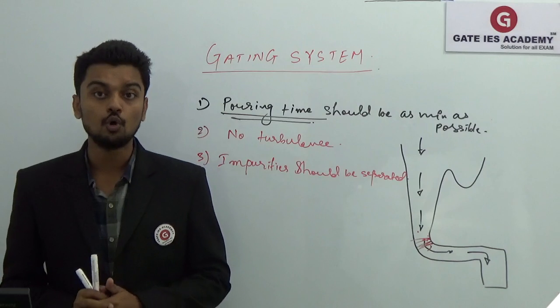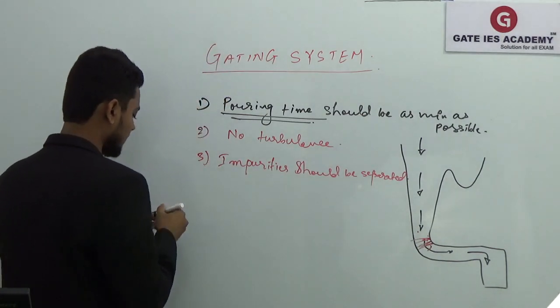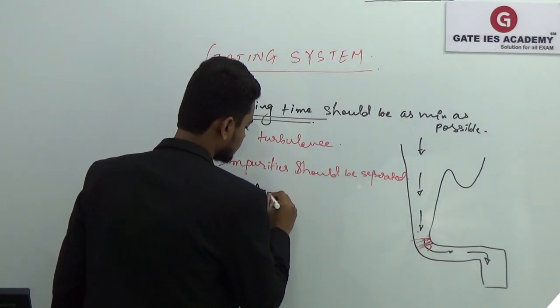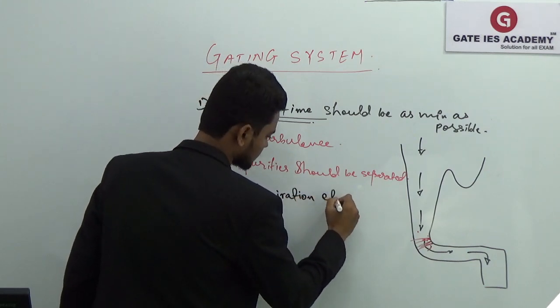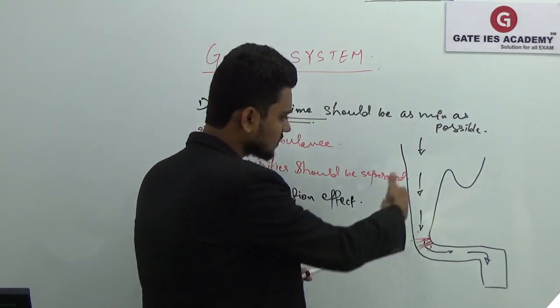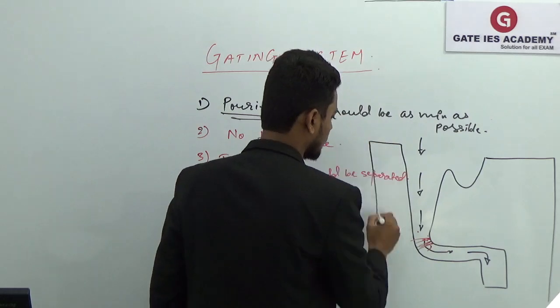Next thing is no aspiration effect. The fourth point is no aspiration effect. What exactly is aspiration? Say this is your passage. So this is your complete mold.